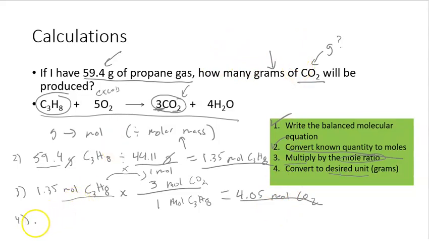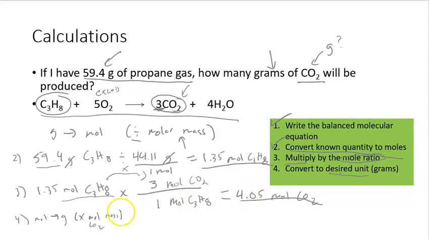So for step 4, instead of going from grams to moles, I'm going to go from moles back to grams in this case, which means instead of dividing by the molar mass, I'm going to multiply by the molar mass. But I'm going to use the molar mass of carbon dioxide this time, not the molar mass of propane. And oddly enough, they happen to be pretty darn similar, all right?